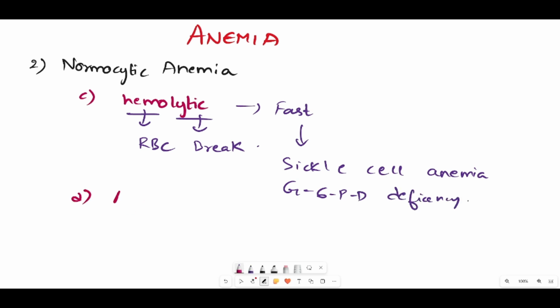Now coming to the next type, which is aplastic anemia.